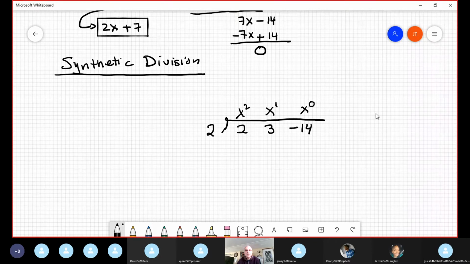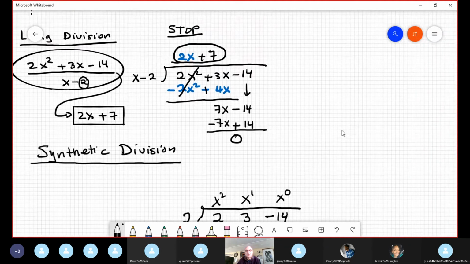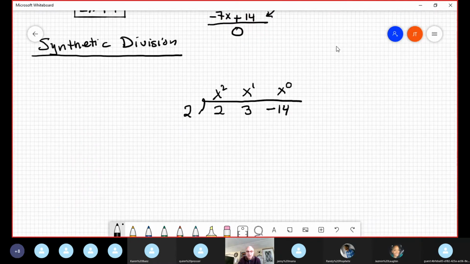Because I avoid the idea of changing the sign. I need to change the sign here once, not change the sign here 2 times. I change the sign only 1 time at the beginning. Instead of negative 2, you put positive 2. And if it is positive 2, you put negative 2. Opposite sign of the number in the divisor.